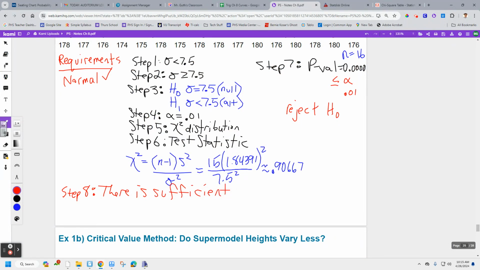Again, that chart I think was given in section 8.1. What was our claim?